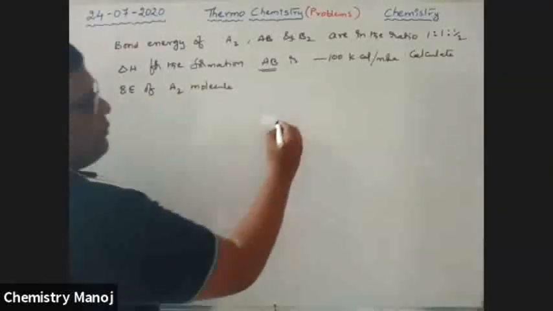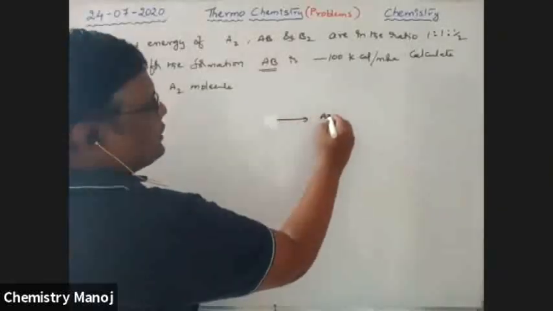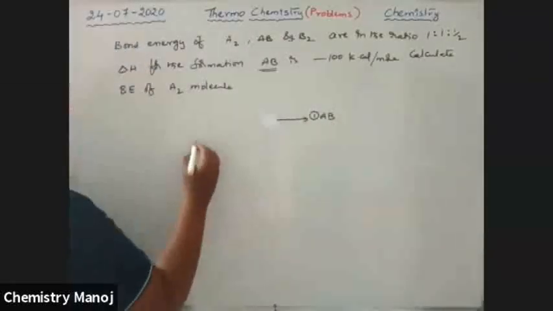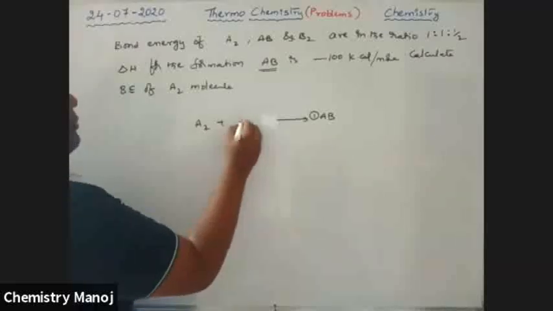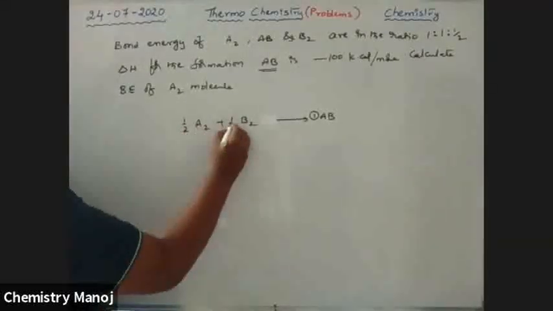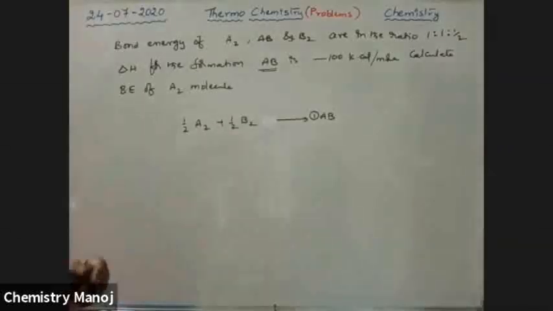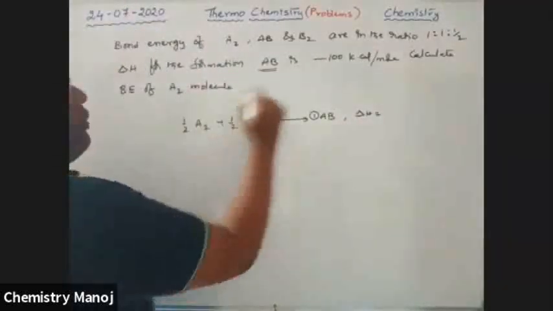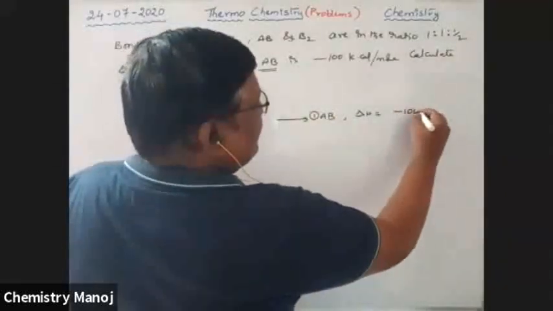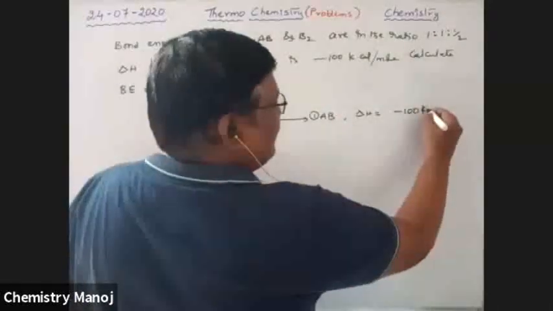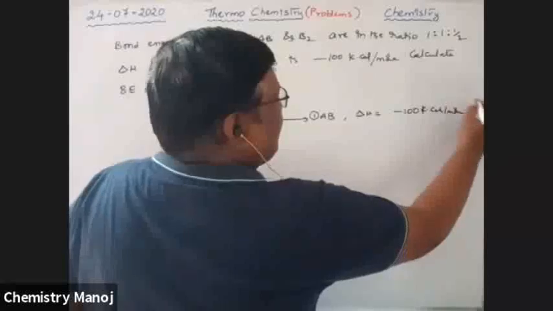AB should be on the product side, 1 mole, from its elements, that is A2 plus B2. For balancing, half A2, half B2. For this, the delta H value is given as minus 100 kilocalorie per mole.